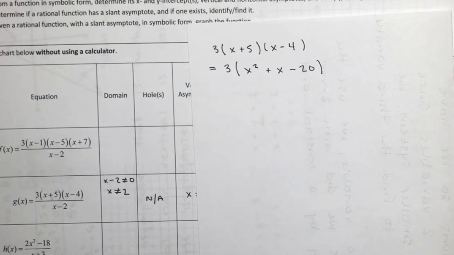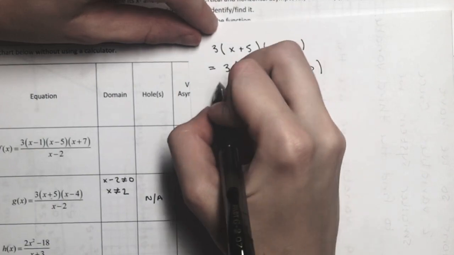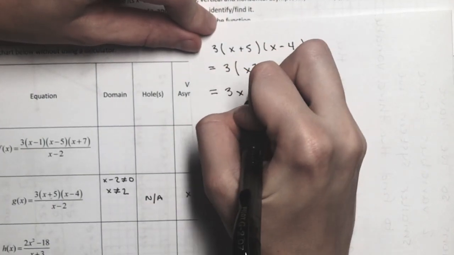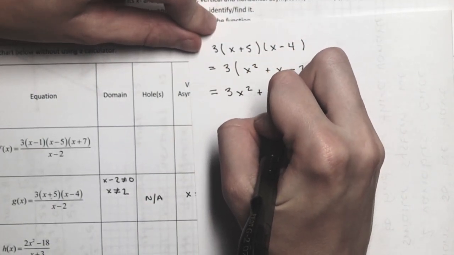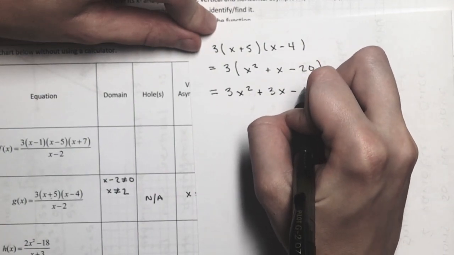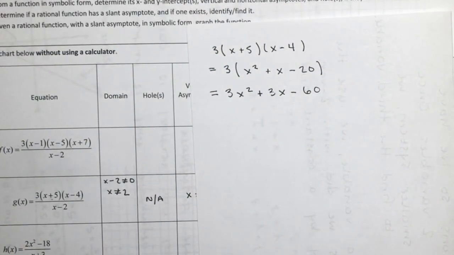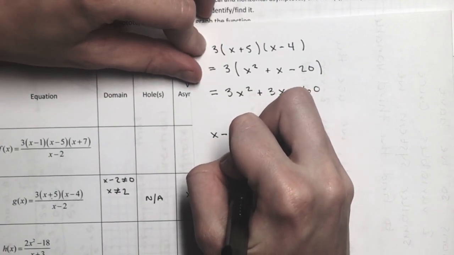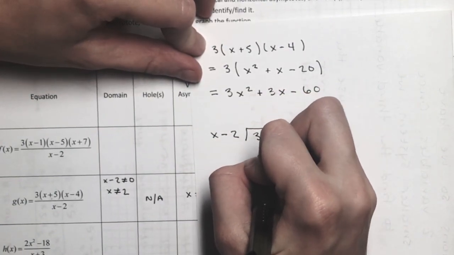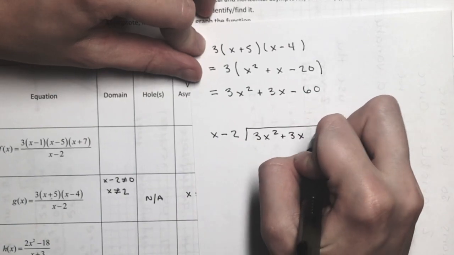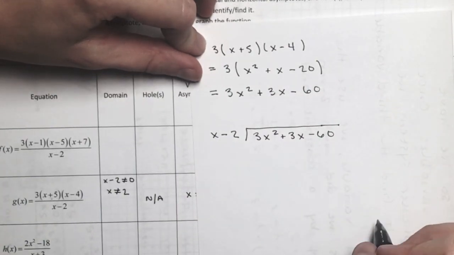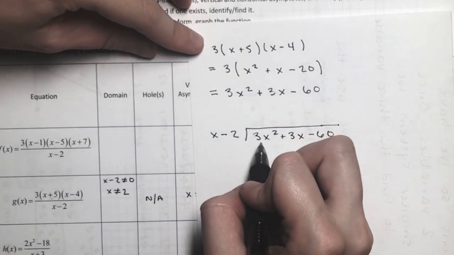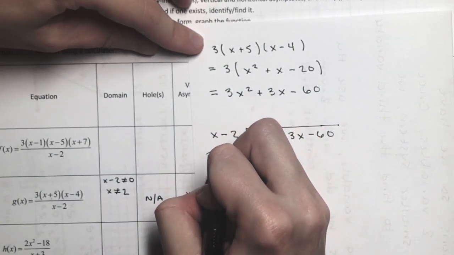So we're going to get 3x squared plus 3x minus 60. All right. And we want to divide that by x minus 2. So we do first term by first term.